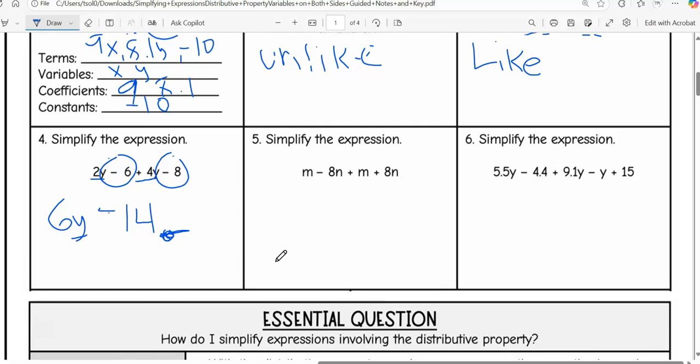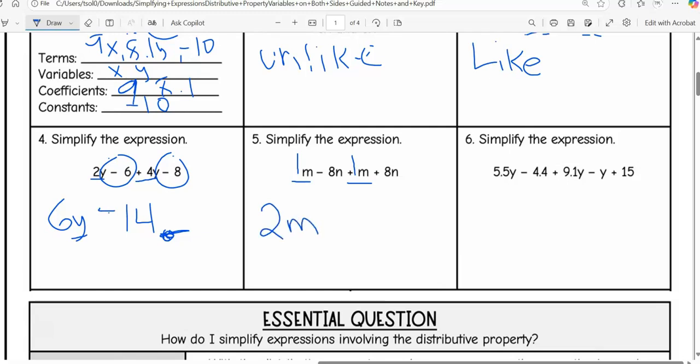All right, let's do 5 and 6. This one gets tricky because there's an m, but there's no number. You always have to put a 1 if there's no number, then it's easier to do the math. We're going to combine our m's first, and when you do variables, you do it in order. Remember, this is a positive 1. So 1 plus 1 is 2m.